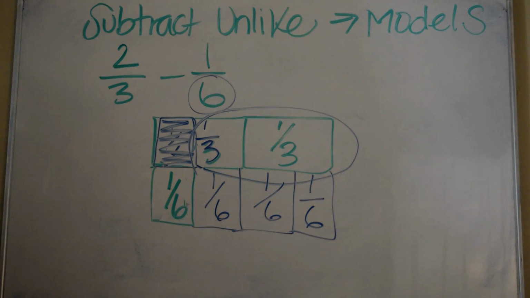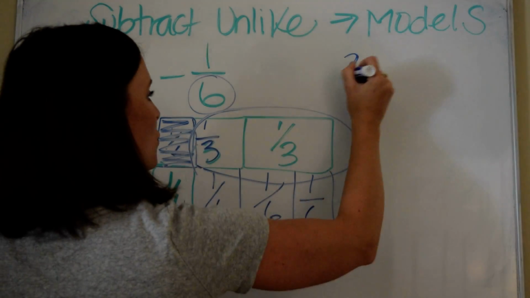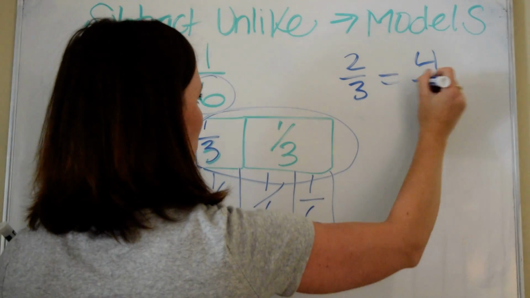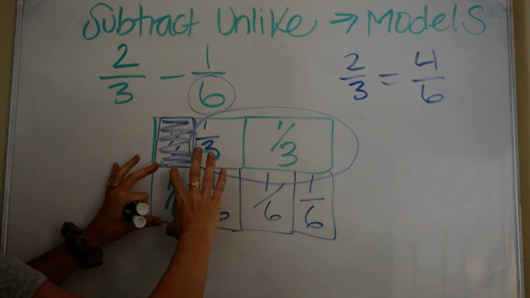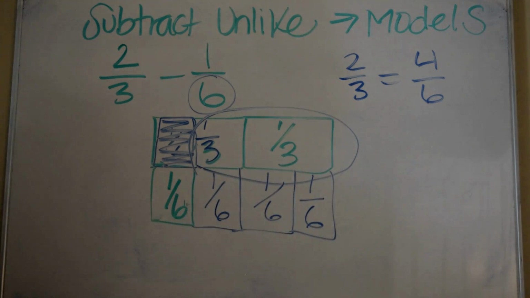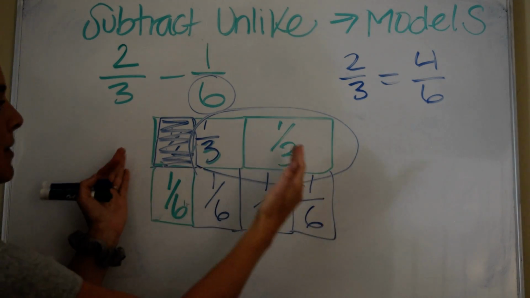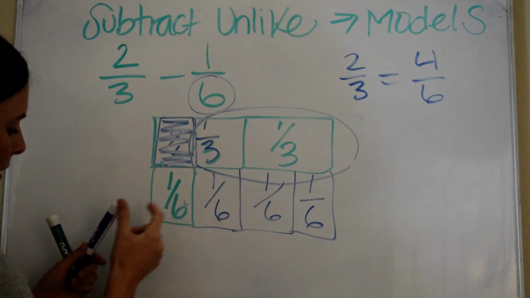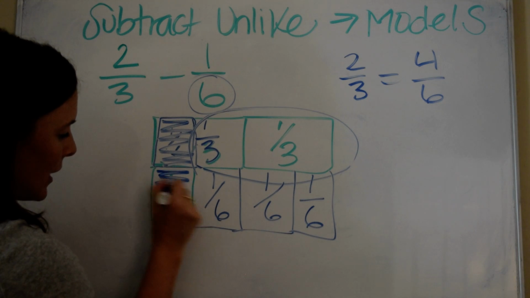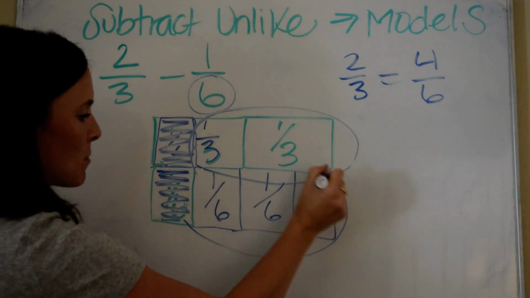So really what I'm showing you is that 2/3 is the same amount as 4/6, right? I have 2/3, that's the same thing as 4/6, and you can prove that by using your fraction tiles and lining them up. It's the same amount. So I took away a sixth. I'm going to cross this out. I took away a sixth. How much am I left with?